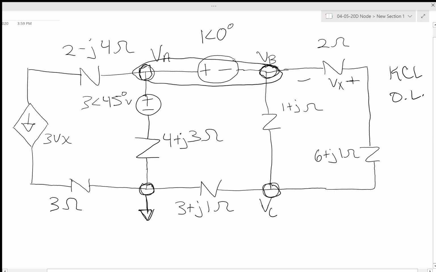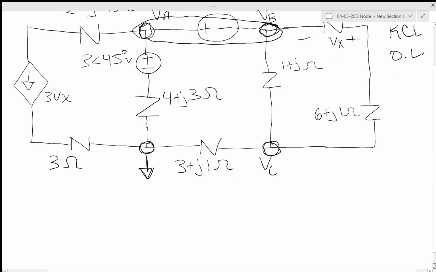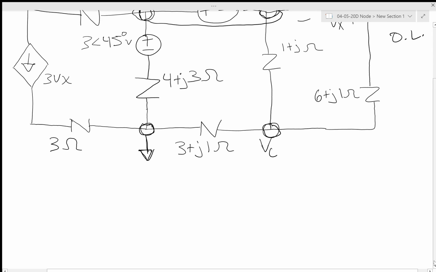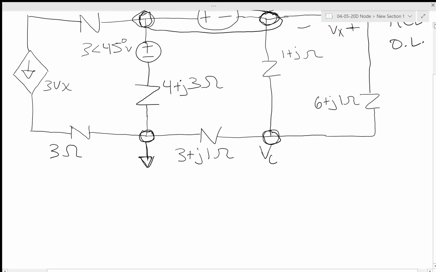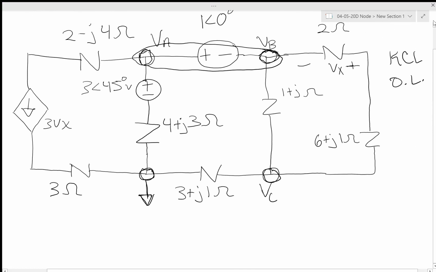So I need to write the equation for that supernode. So the supernode is going to be the supernode equation in AB.